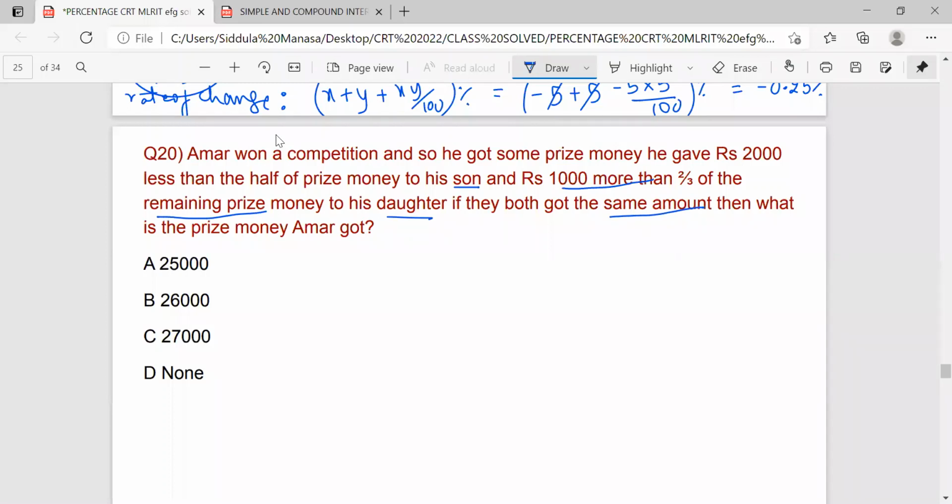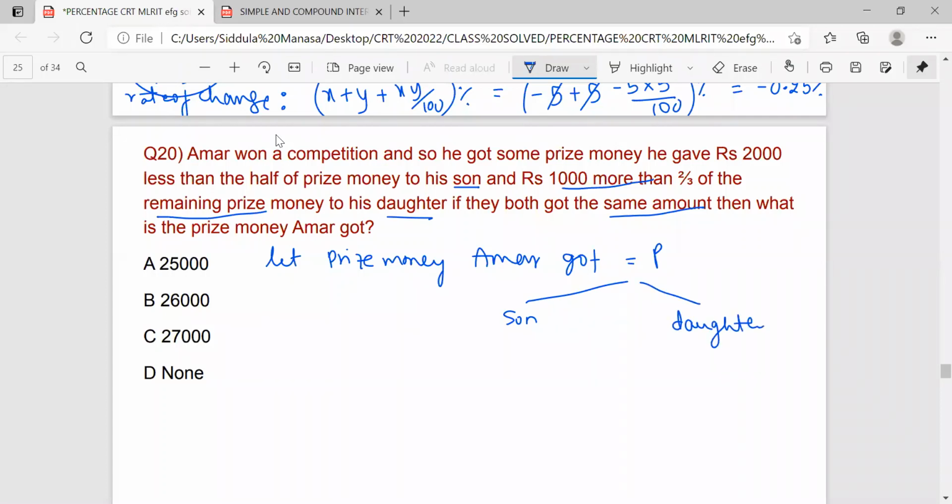We don't know how much prize money Amar got. So we'll start with, let the prize money Amar got be some P. So this prize money we need to distribute to the son and to the daughter.